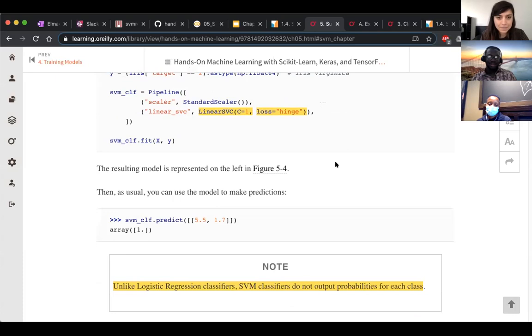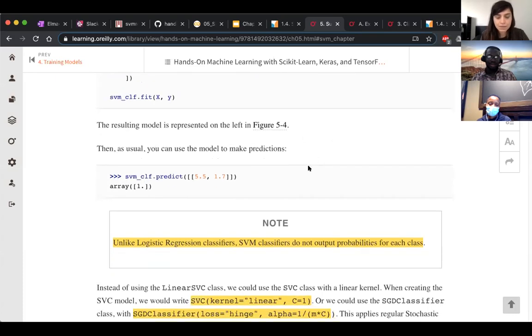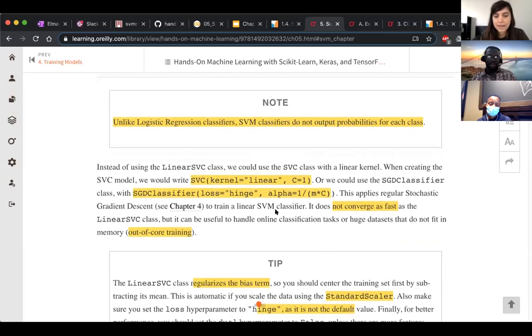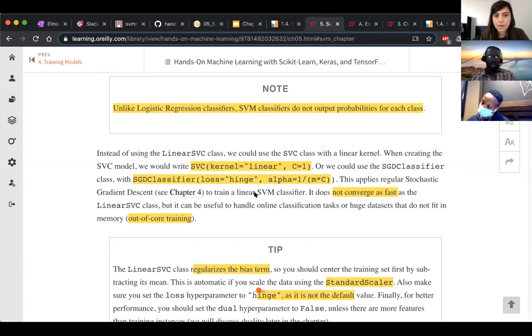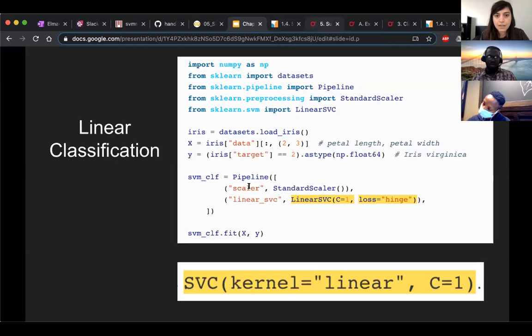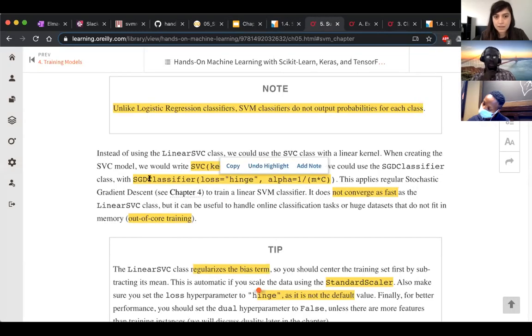All right. So we talked about the chapter itself. I'm going down to all the ways that we can use SVM models, and we already talked about two of them, which were linear SVC and SVC with a linear kernel. Also, remember, we can use the stochastic gradient descent classifier from the linear classifiers of scikit-learn.